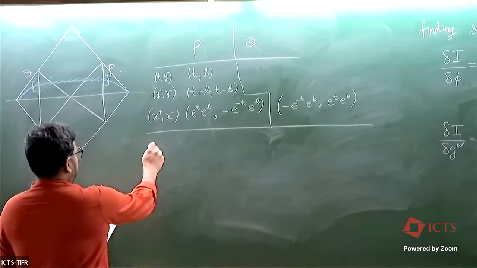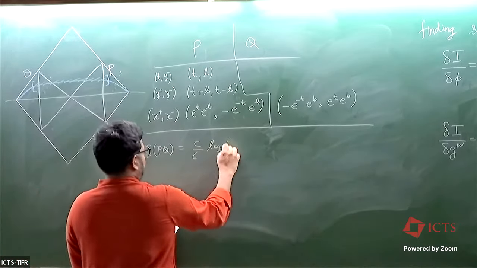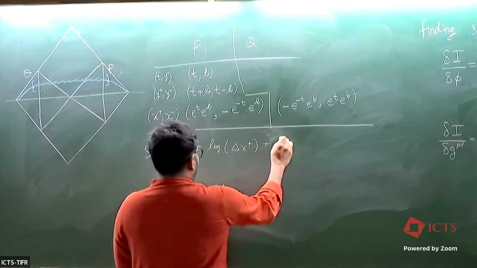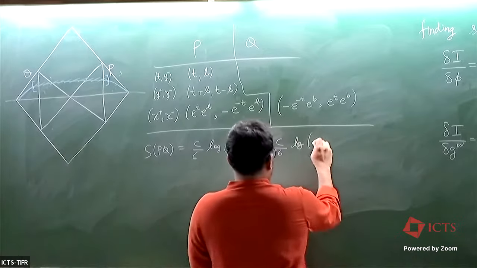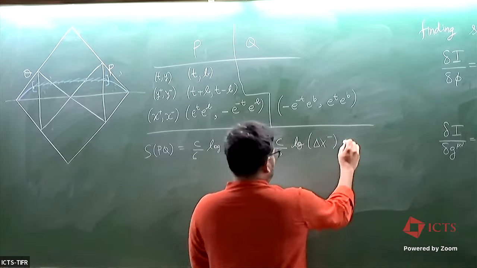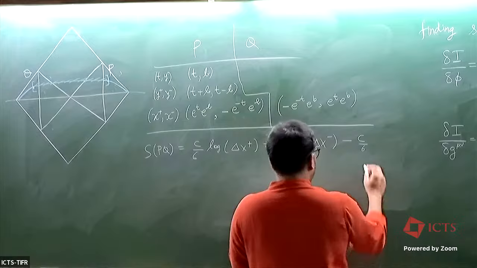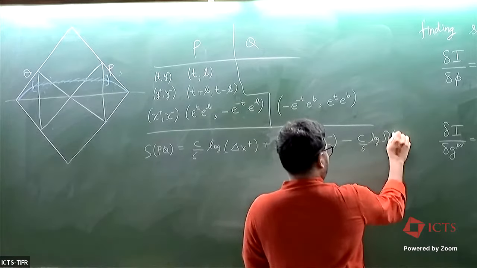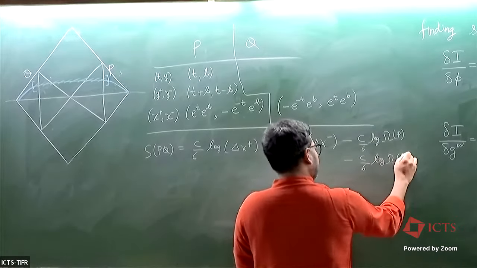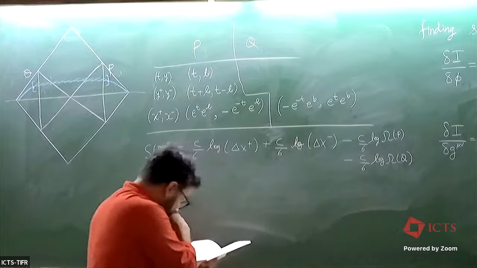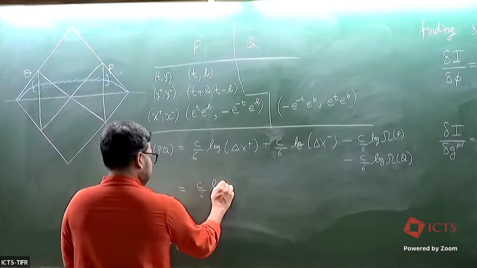Okay, so now we come out with our formula. S of PQ is c over 6 log of delta x plus, plus c over 6 log of delta x minus, minus c over 6 log of omega at P, minus c over 6 log of omega at Q, and this is equal to c over 6 times 2.